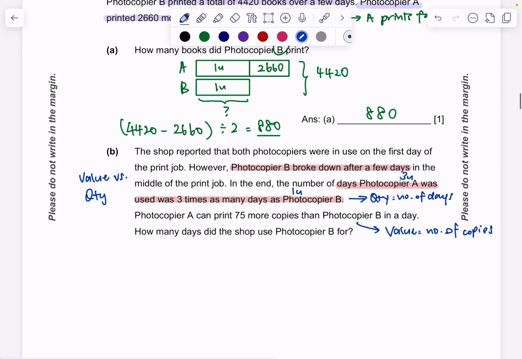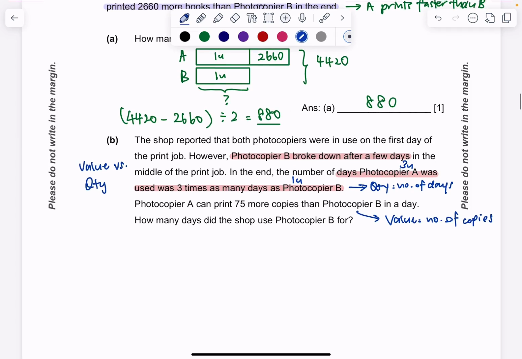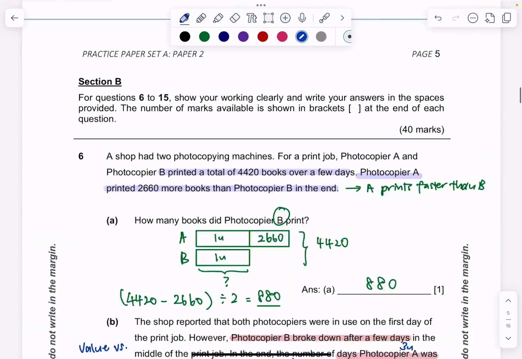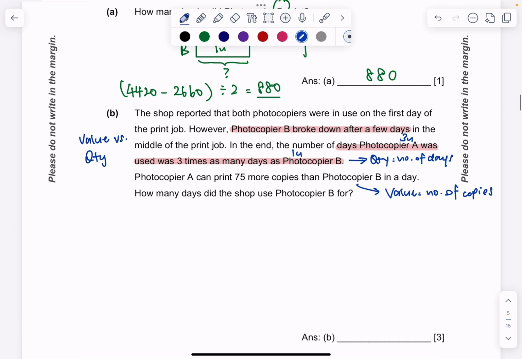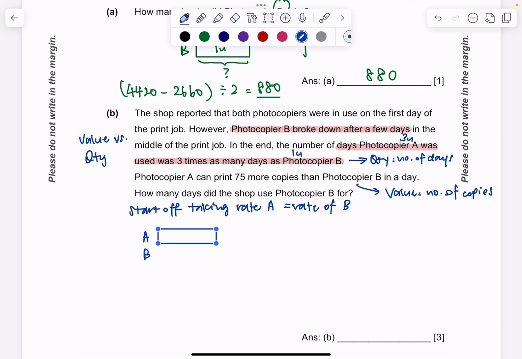So let's just assume that the rate of A is equal to the rate of B. So by right, A having 3 units would mean the number of days that we have, right?